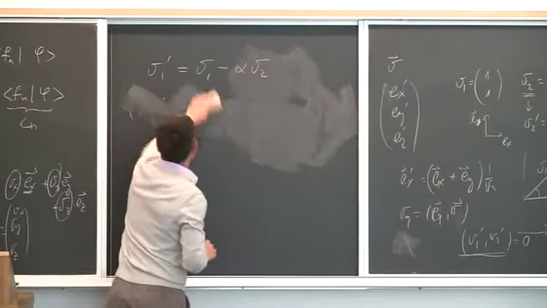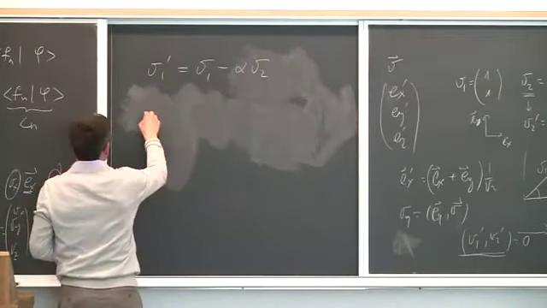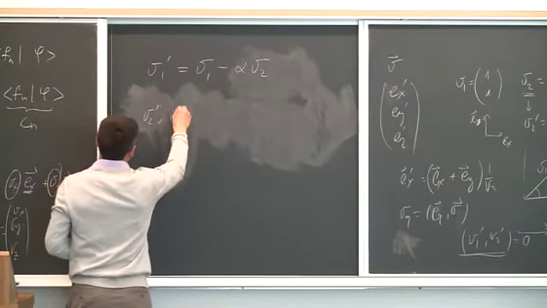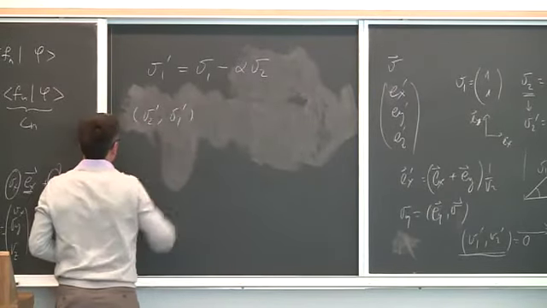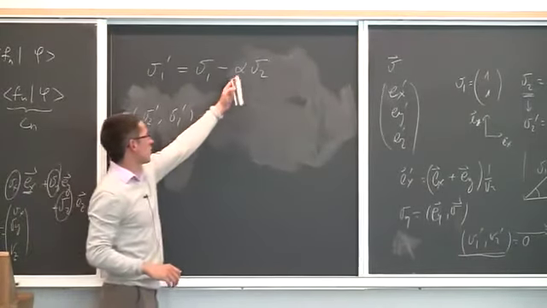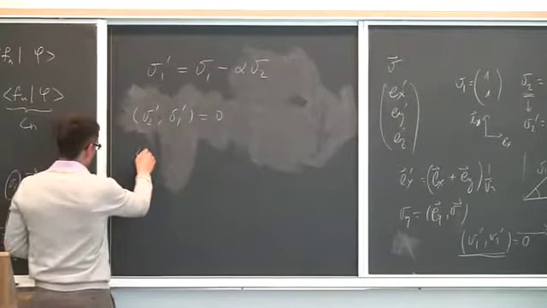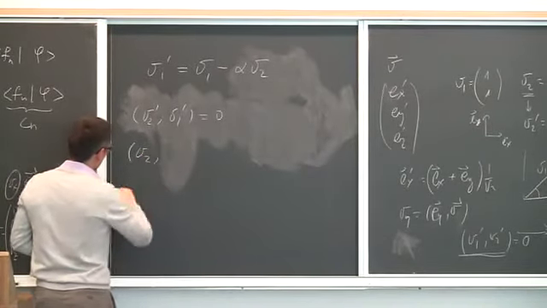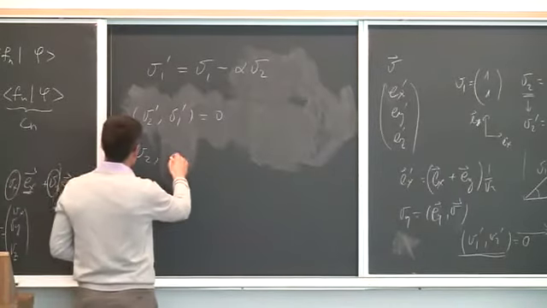And then what we want to get is that V2 prime times V1 prime will be 0. And from this condition, I will find what alpha must be. V2 prime is the same as V2, we just started with V2 in this case.